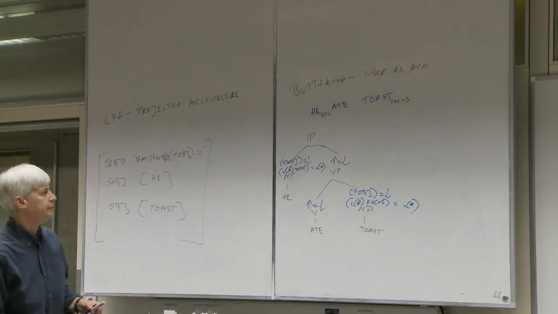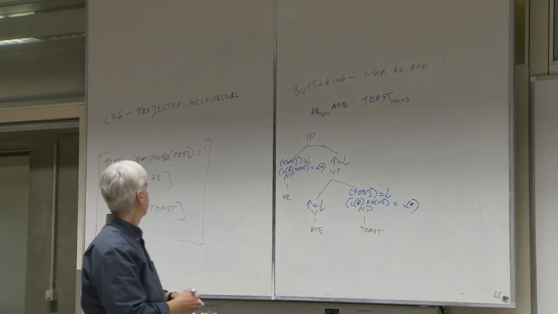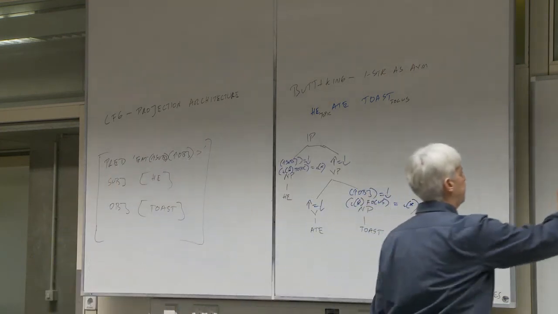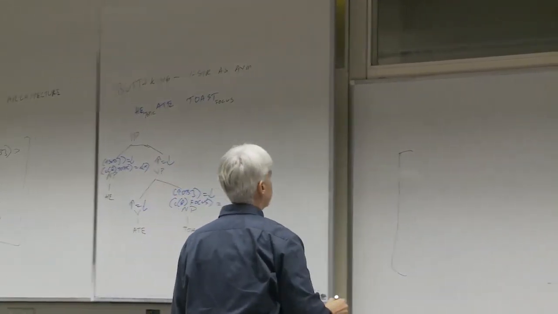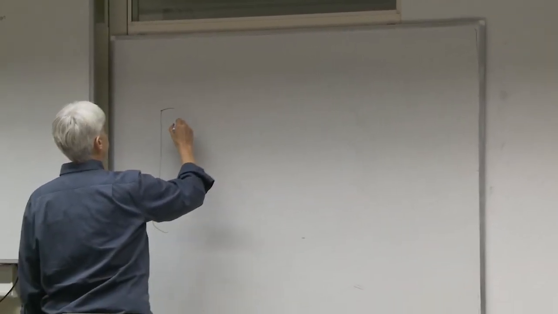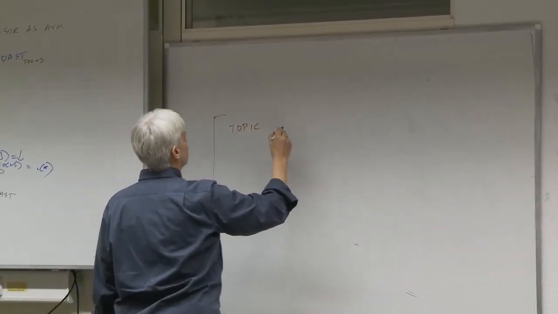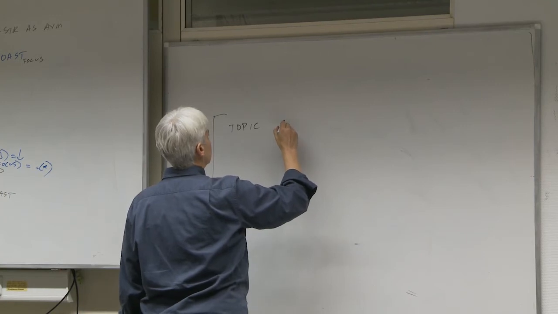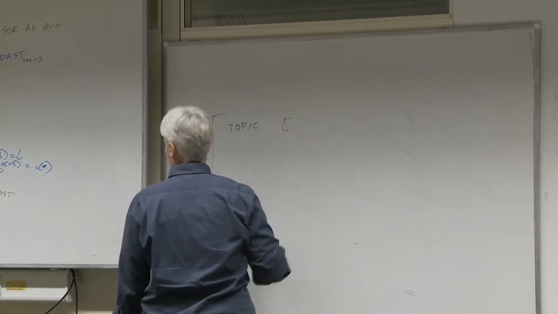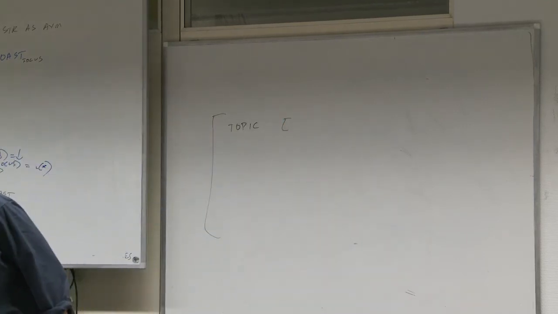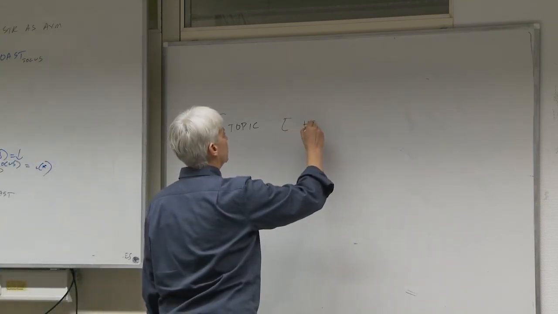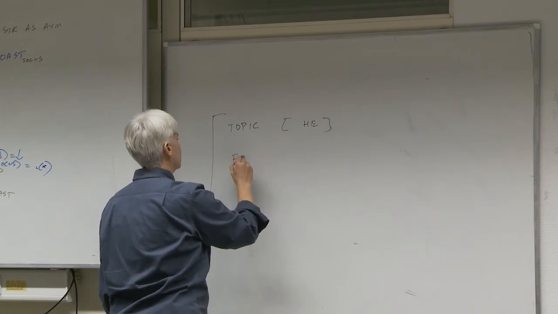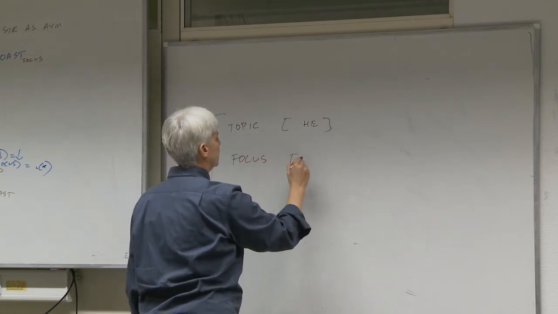Okay, and then we have the I structure, would be built up in parallel to the F structure, right? We have both types of things going on here. So we would have a topic, which would be he, and a focus, which would be toast.